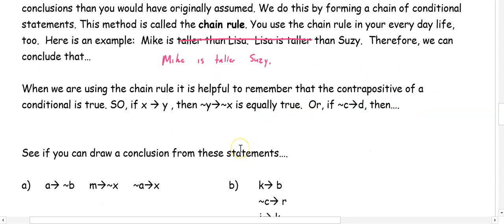When we are using the chain rule, it is important to remember that the contrapositive of the conditional is always true. So if we have x to y, we also have not y to not x is equally true. Or if we had not C to D, when we switch it, we would have not D to C. So let's see if we can make conclusions.